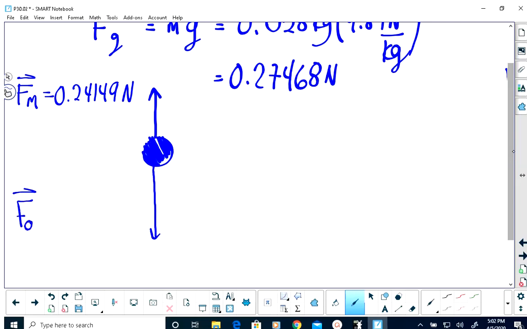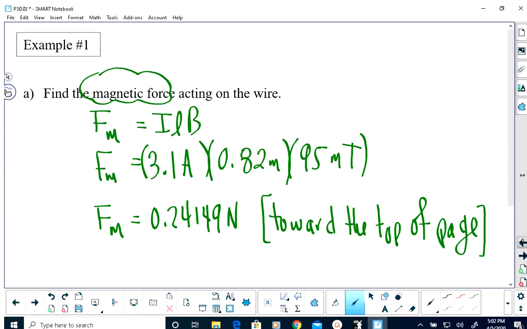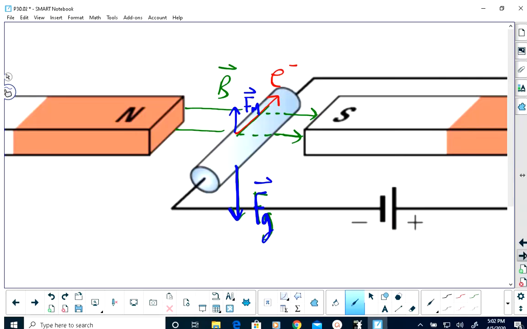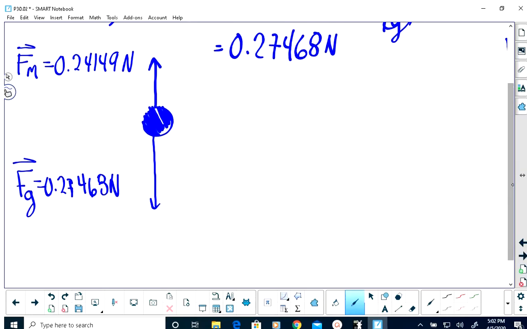The force of gravity is 0.27468 newtons. I just want to go back and check to see if that 0.24149 is right. Yes, it is. So what we have is a gravitational force which is greater than the magnetic force.